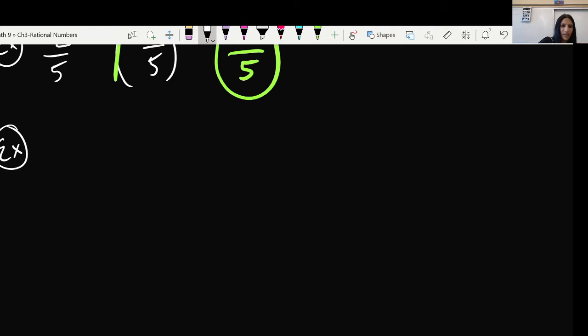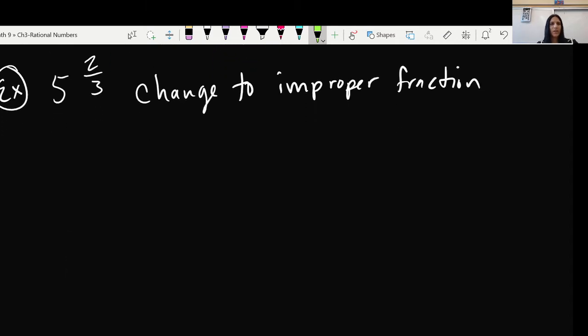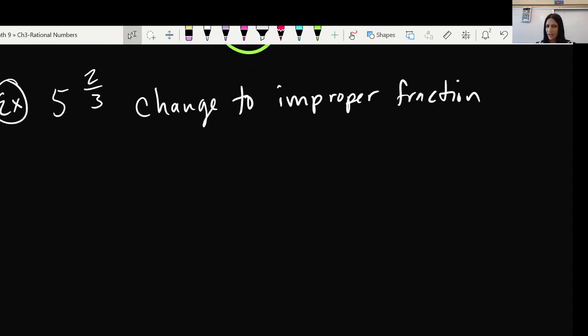If I have something like 5 and 2/3, and I want to change it to an improper fraction. This I think might be review for you, but it's okay if it isn't because I'm going to walk you through it step by step as always.